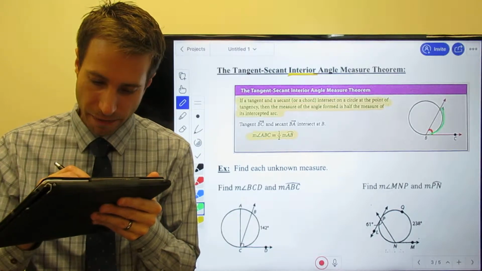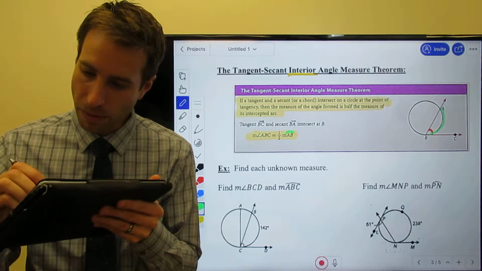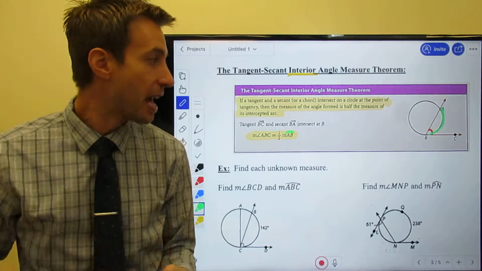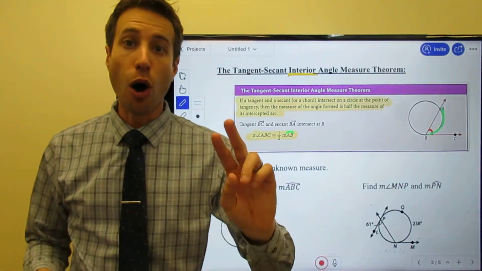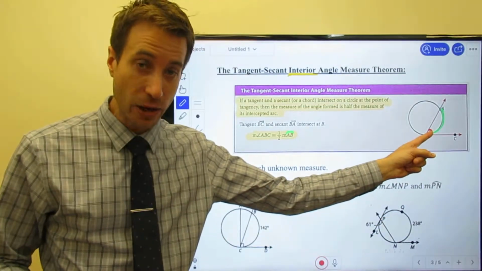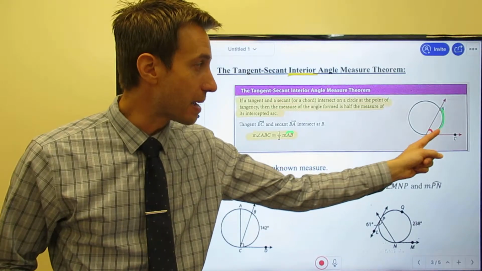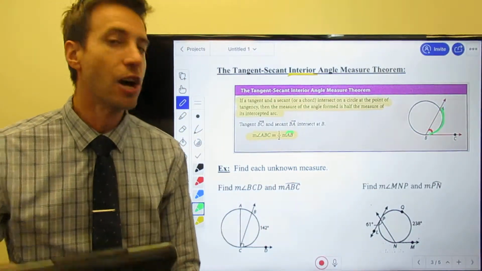So whatever the measure of that arc is, multiply it by 1/2 and you'll know the measure of the interior angle. Or vice versa: if I give you the measure of the angle, you can find the measure of the arc by multiplying it by 2. So that's the theorem.